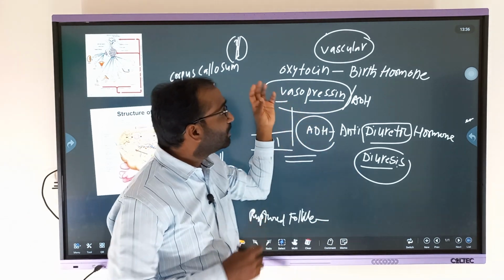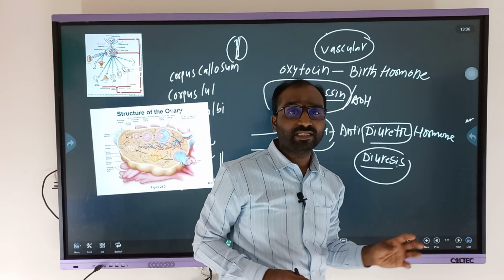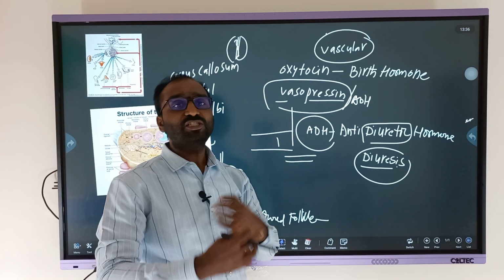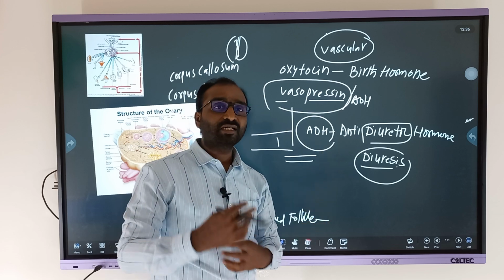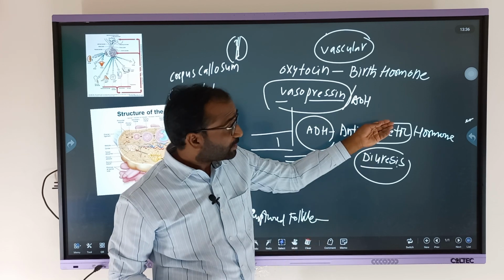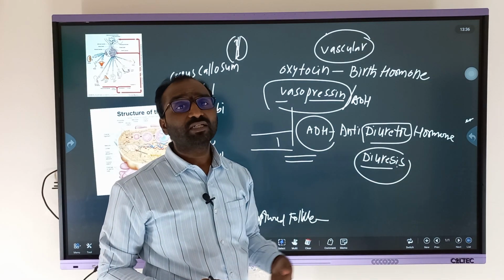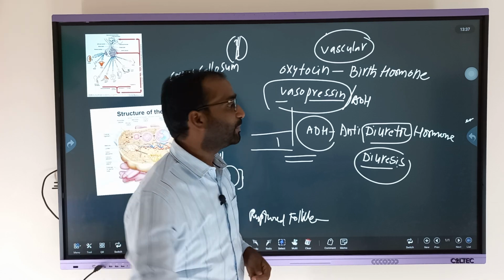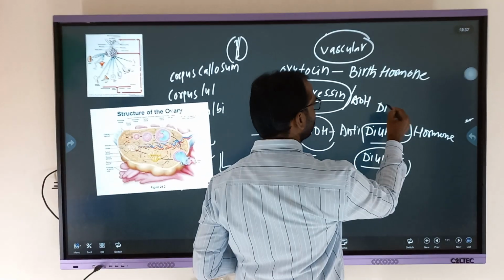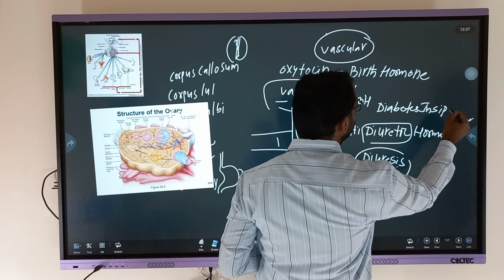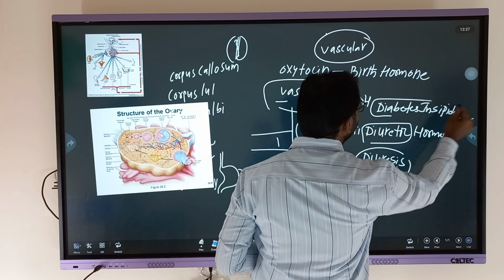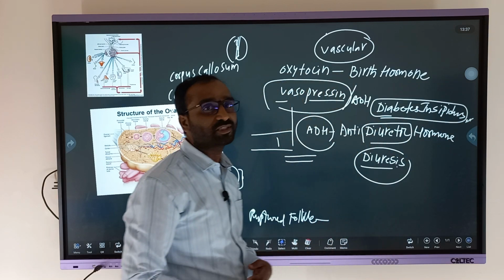Hence it is called vasopressin or ADH. ADH is nothing but that which prevents the diuresis condition. What does diuresis mean? The excess water loss. And here we also need to go with diabetes insipidus. Diabetes mellitus and insipidus are again a small confusion.